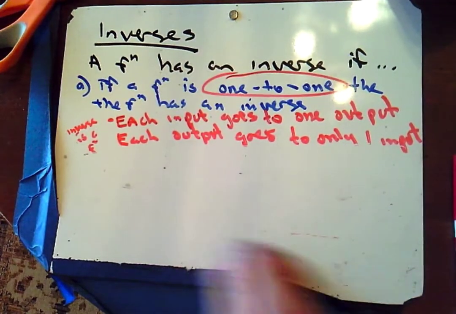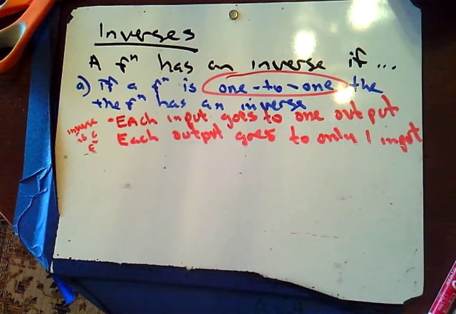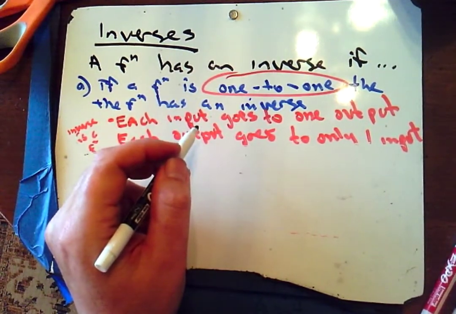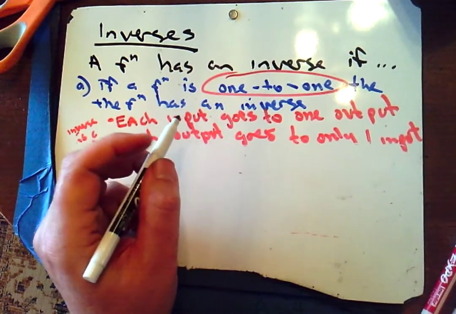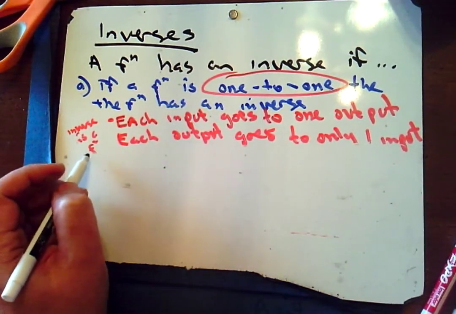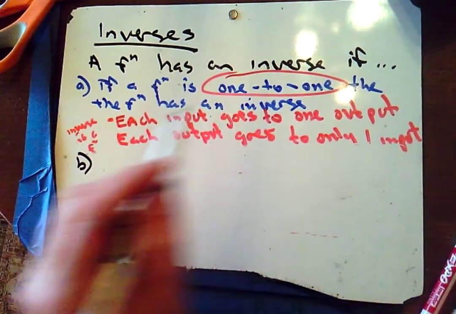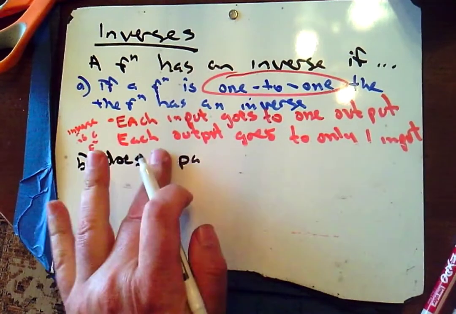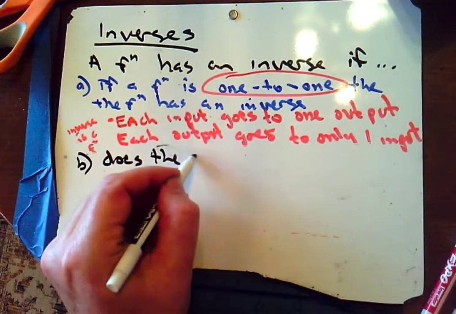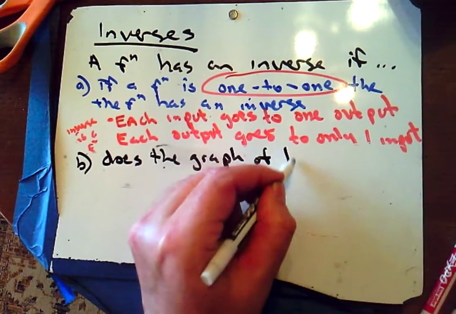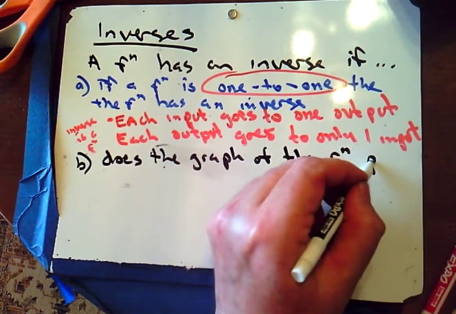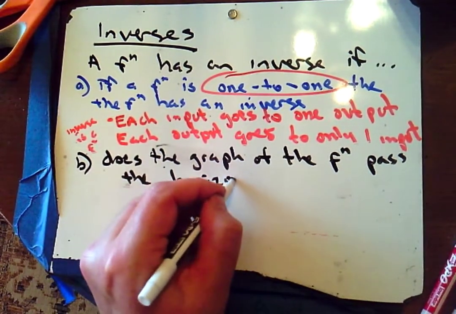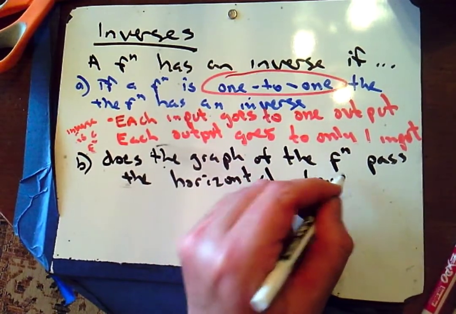So what does this mean? How am I supposed to deal with this information? Well, we took this information and we figured out a couple of ways to figure out if a function has an inverse. And the most common way to figure out if a function is 1 to 1 is: does the graph of the function pass the horizontal, not vertical, horizontal line test?